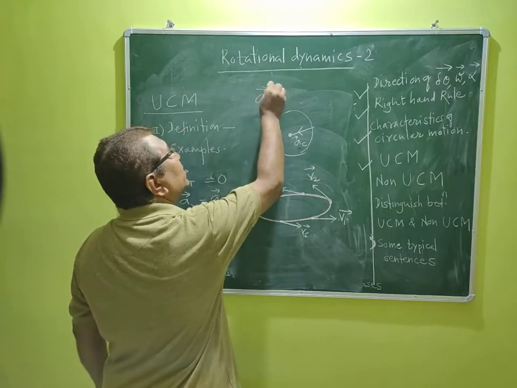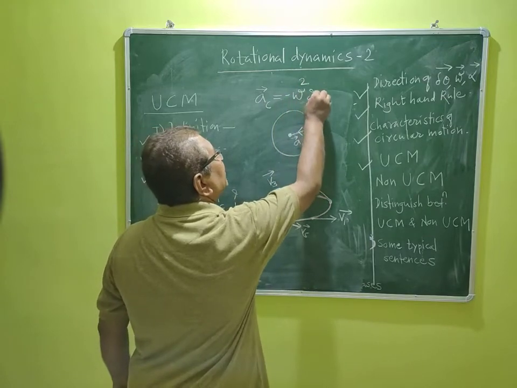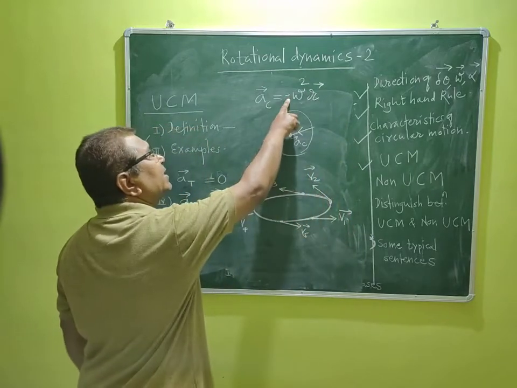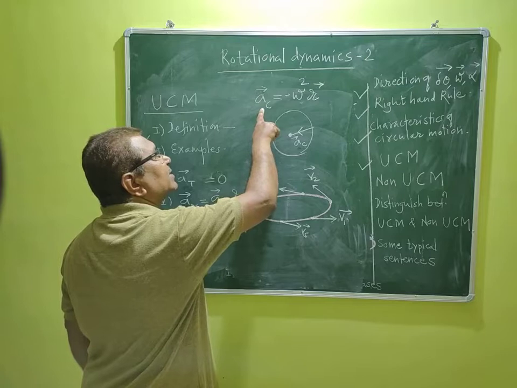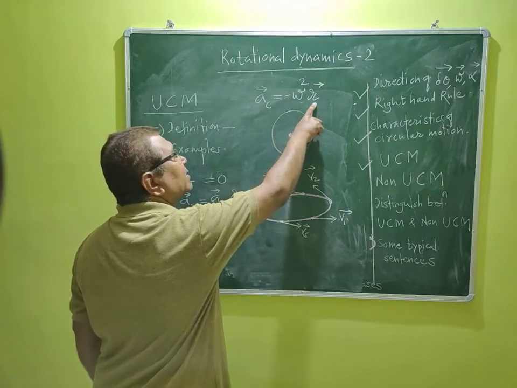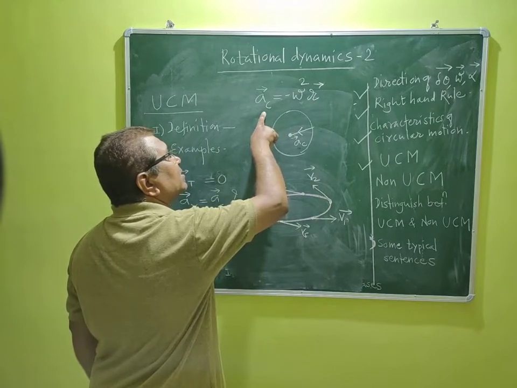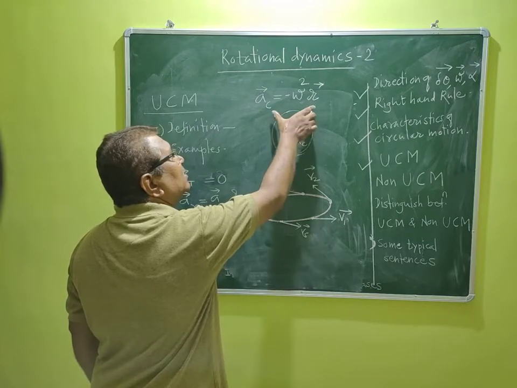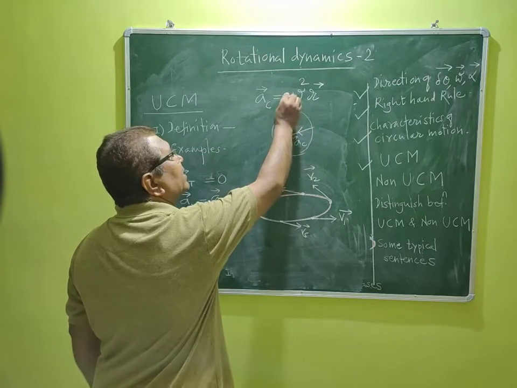And so the formula of centripetal acceleration is minus omega square r, dear guys, like this. This negative sign indicates that the directions of centripetal acceleration and radius vector are opposite; in the best way we can say that centripetal acceleration a_C and radius vector r are oppositely directed.